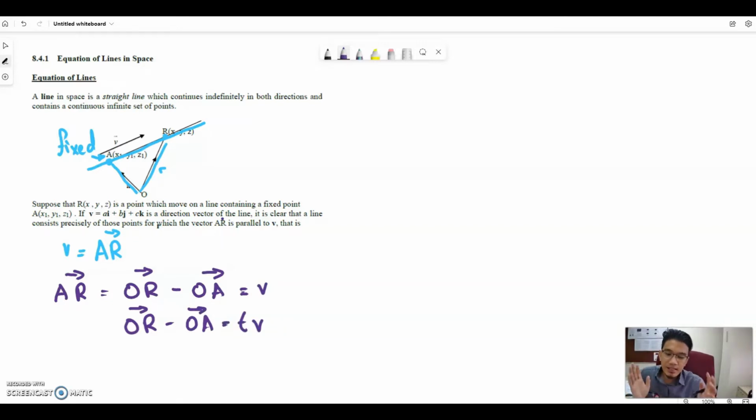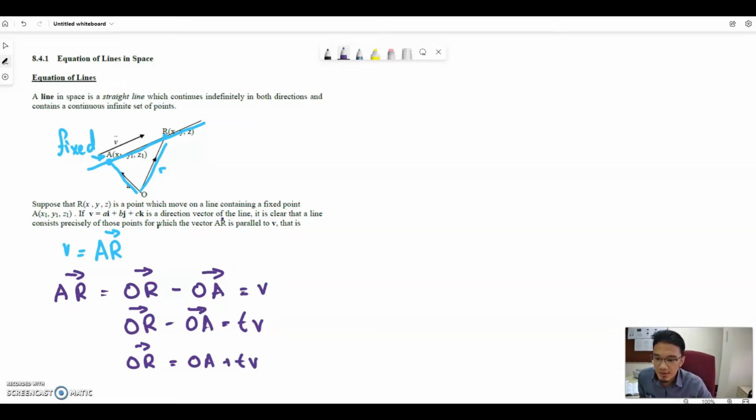t is a scalar that can later be used to represent the length of vector V. It's a scalar that we multiply with the vector. So we can rearrange this equation: OR is equal to OA plus tV.